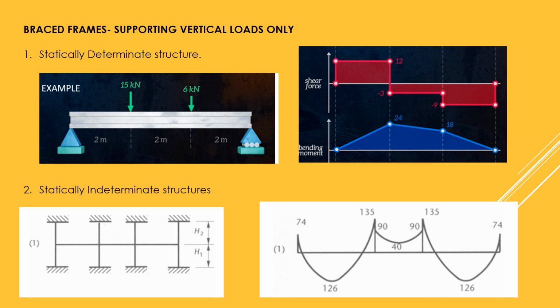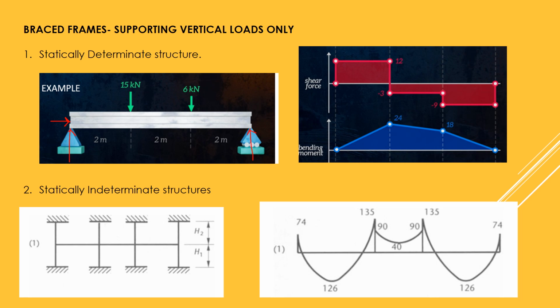For the analysis of braced frames, if it is a statically determinate structure, as in the example, we can normally draw the shear force and bending moment diagrams. So we can calculate the shear stresses and bending stresses created within the structural elements.